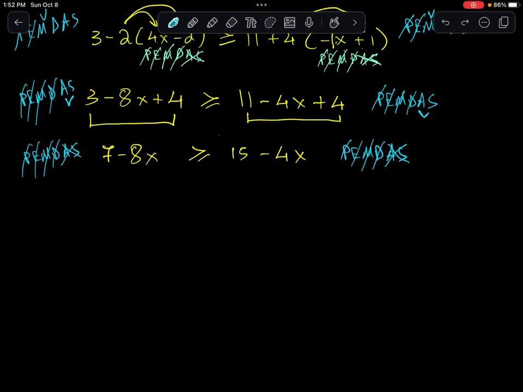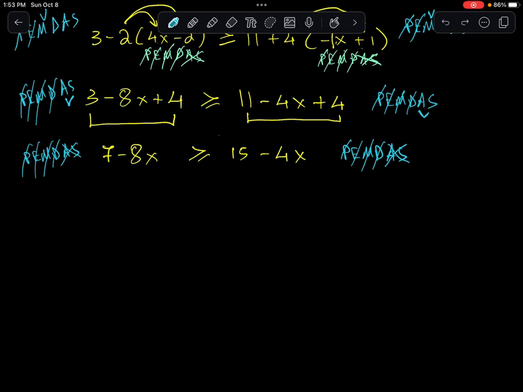Now looking at how I'm going to cross the bridge, let's decide what side will take the x. If I decide that the left side is going to take the x, negative 4x needs to go to the left. If I decide that the right hand side is going to take the x, then negative 8x will have to go to the right.